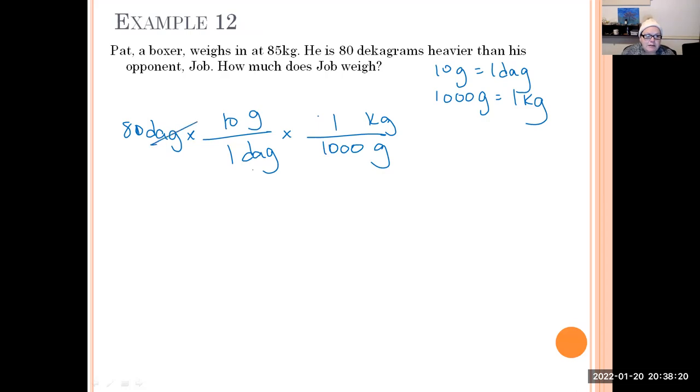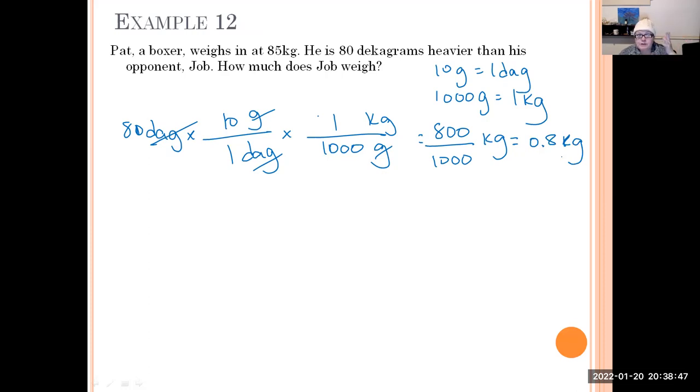The decagrams are gone, the grams are gone, and we end up multiplying left to right. 80 times 10 times 1, which is 800, divided by 1 times 1,000 is 1,000. And this is kilograms. So punching that into your calculator, you're going to get 0.8 kilograms.